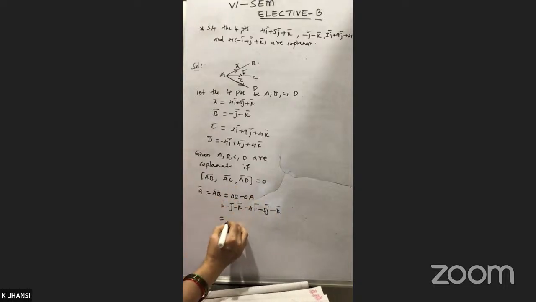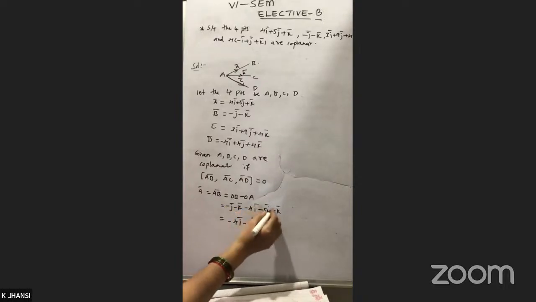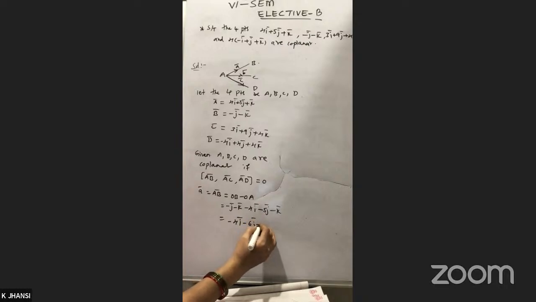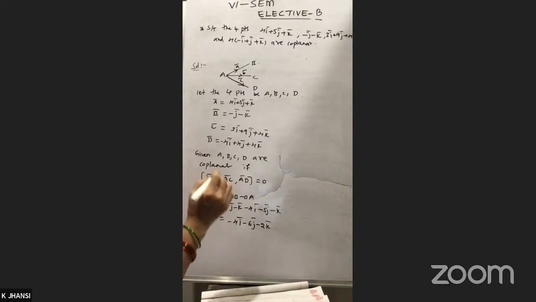So it is equals to -4i, minus minus means plus 6j, minus minus means plus 2. So 4i + 6j + 2k.